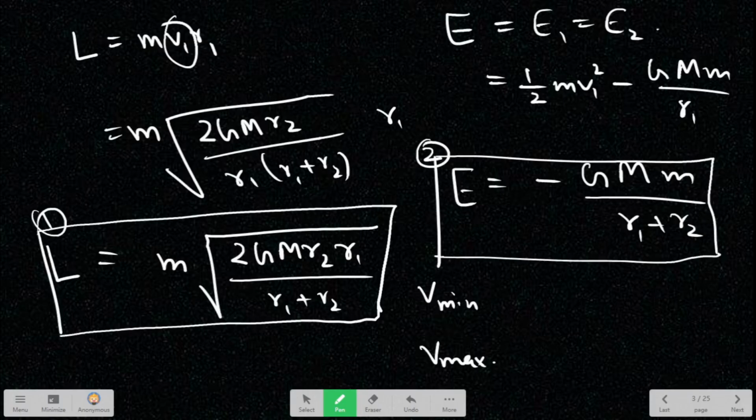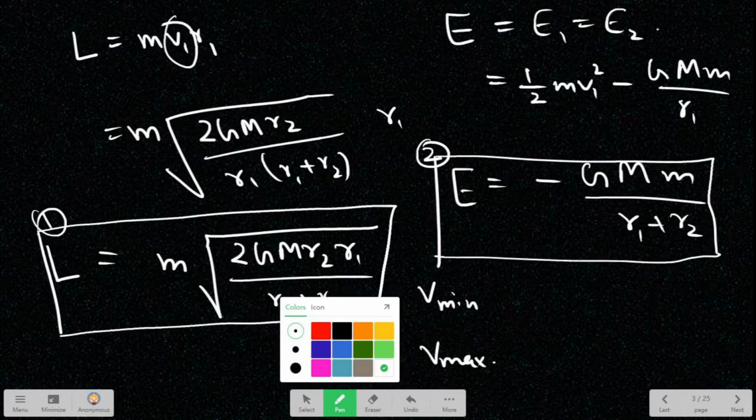So these were the earlier results. L is equal to m into root of 2GM R1 divided by R1 plus R2. E is equal to minus GMm divided by R1 plus R2. So in the expression for E, if you put R1 plus R2 is equal to 2A, E will be equal to minus GMm divided by 2A.